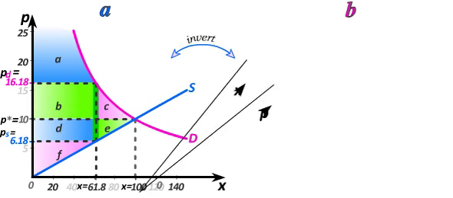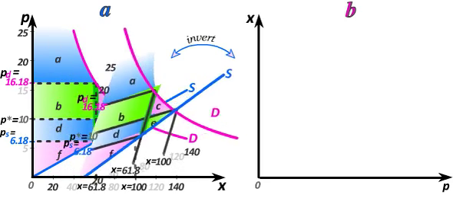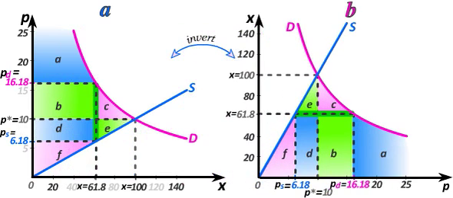To see how this relates to areas underneath demand and supply functions as opposed to demand and supply curves, we have to invert the picture in panel A. The areas to the left of the curves in panel A then become areas underneath the functions in panel B. The change in consumer surplus from the imposition of the tax, the area B plus C, is then simply the integral of the demand function evaluated from the price of 10 to the price of 16.18, as given in equation 19.13.